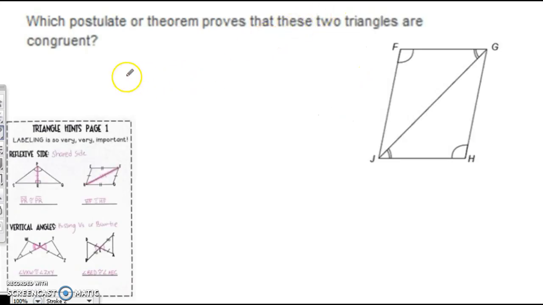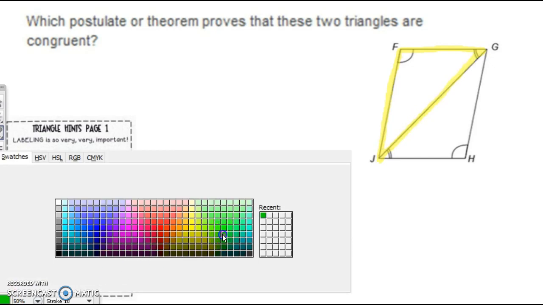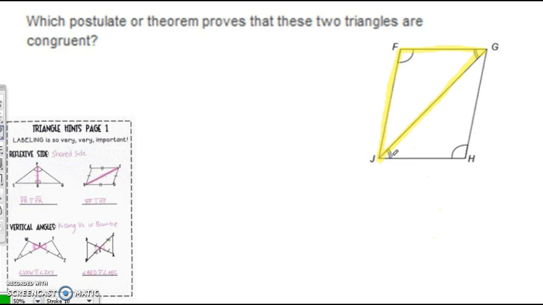Alright, so which postulate or theorem proves these two triangles are congruent? First we need to see which two triangles we're talking about. We have triangle FGJ and triangle JHG.